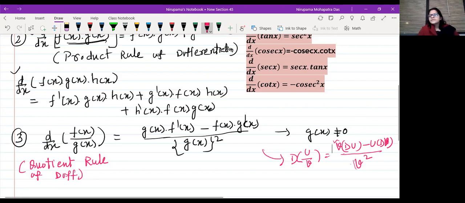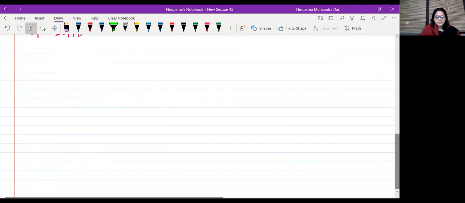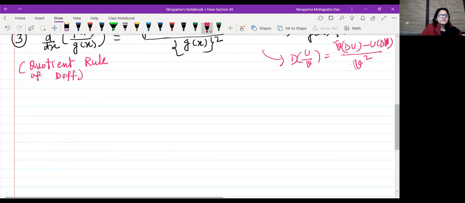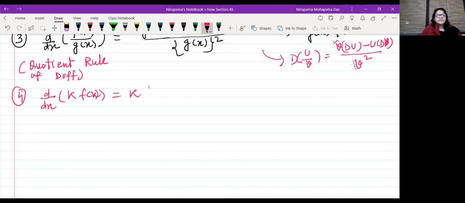Now before applying this formula, one more last algebra of derivatives. The fourth one is, suppose d by dx of any constant k into f(x), this is equal to k times f'(x).